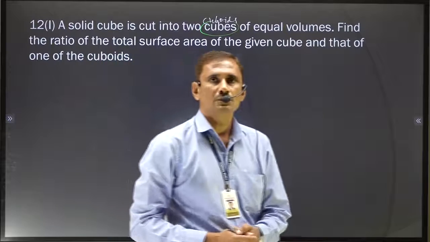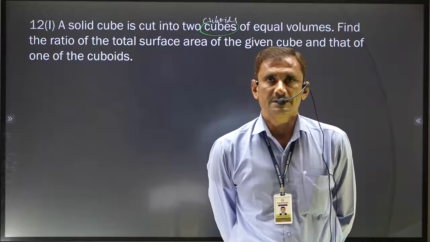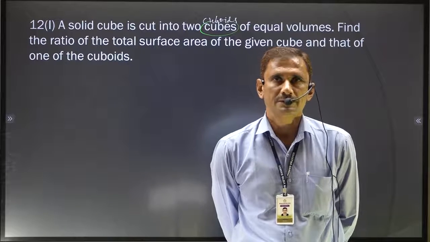Open your textbook also. Find the ratio of the total surface area of the given cube and that of one of the cuboids.